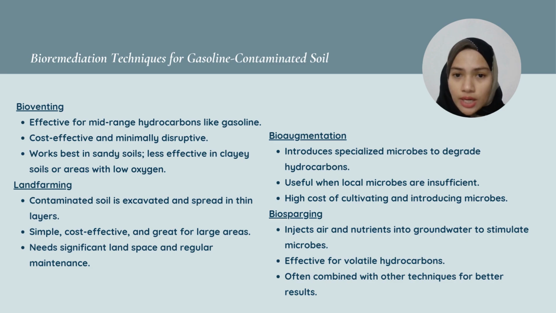Number three is bioaugmentation, which introduces specialized microbes to degrade hydrocarbons, useful when local microbes are insufficient. And lastly is biosparging, which injects air and nutrients into groundwater to stimulate microbes, effective for volatile hydrocarbons, and it's often combined with other techniques for better results.